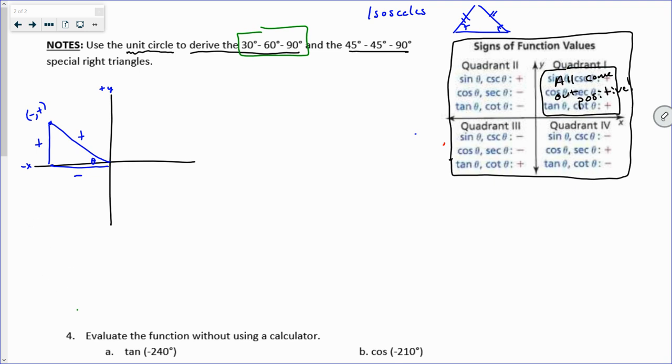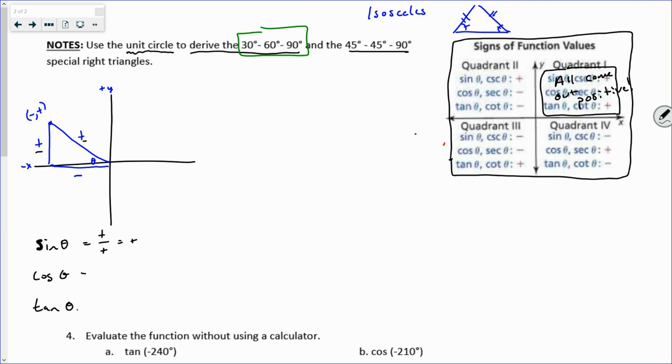Now, if we go into our trigs of SOHCAHTOA, we go sine, cosine, and tangent. If we go opposite over hypotenuse, we're going to get positive.